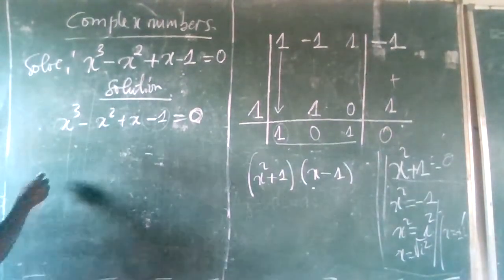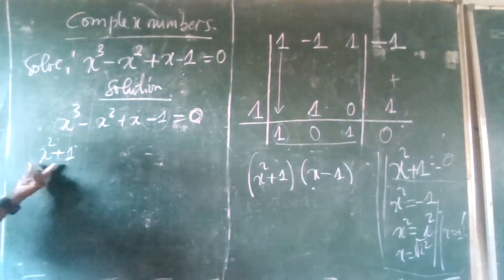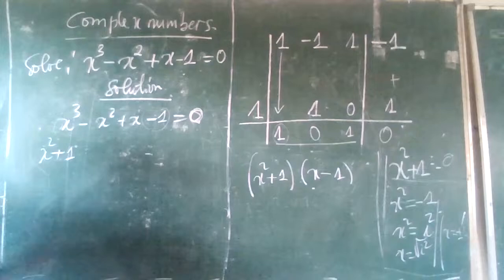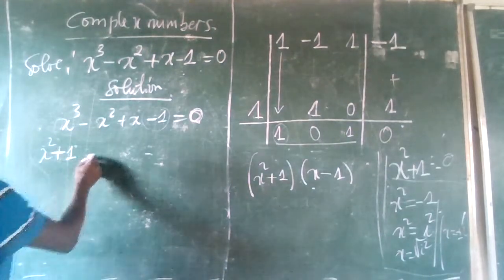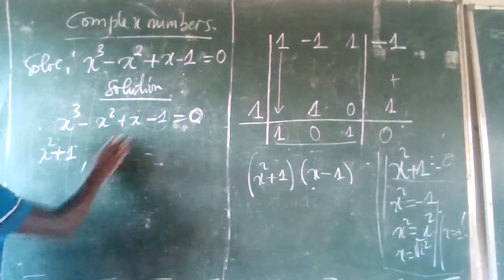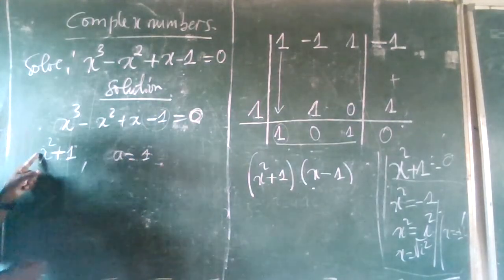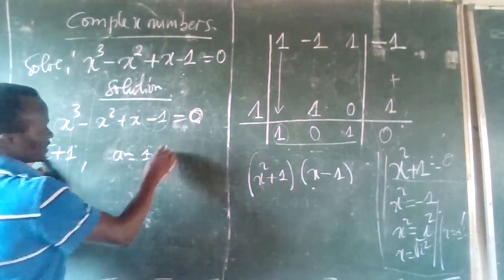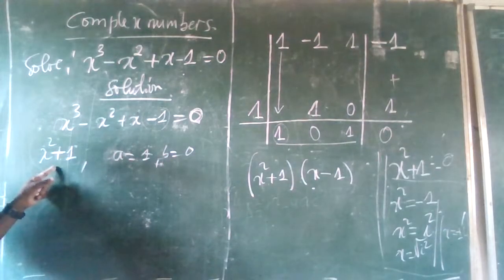Now we have x squared plus 1. We are going to factorize this equation, right? How should we factorize this equation? It means a is equal to 1, the factor of x squared. b is equal to 0, because we don't have x only.